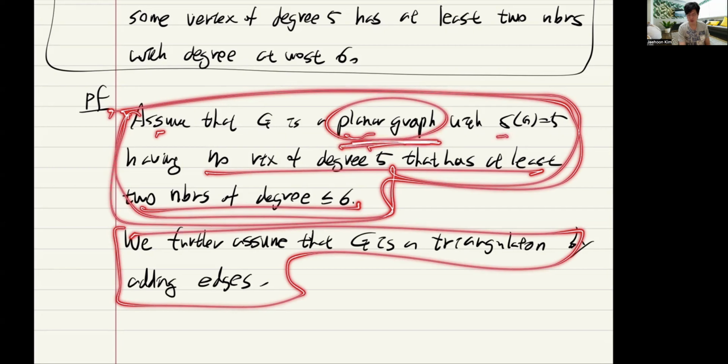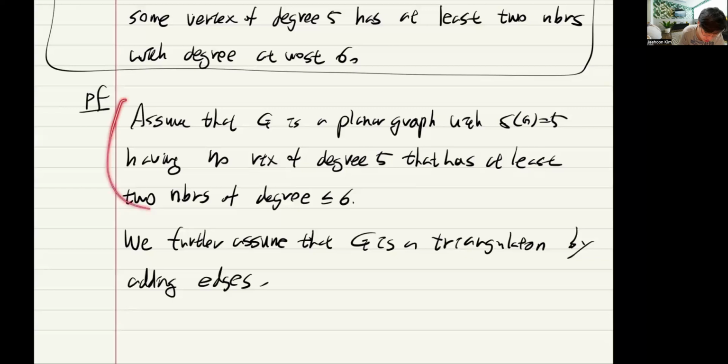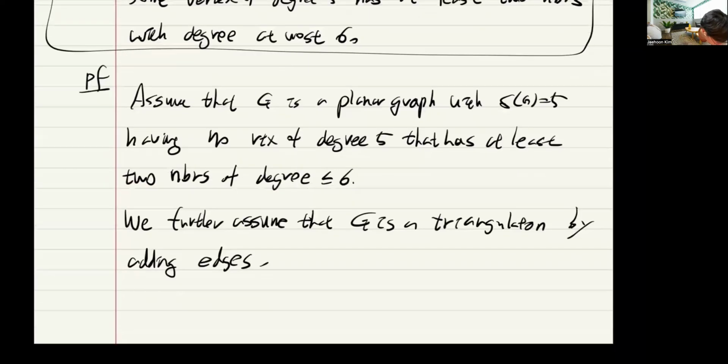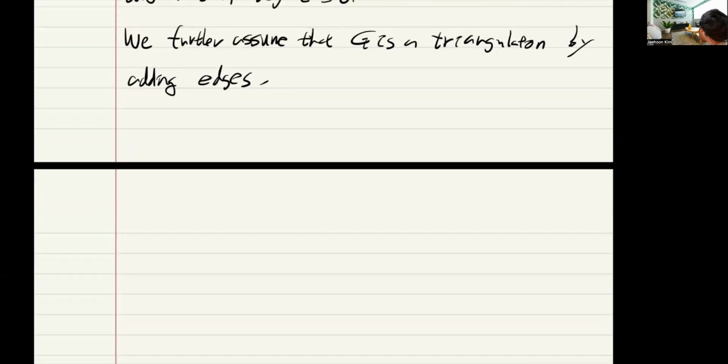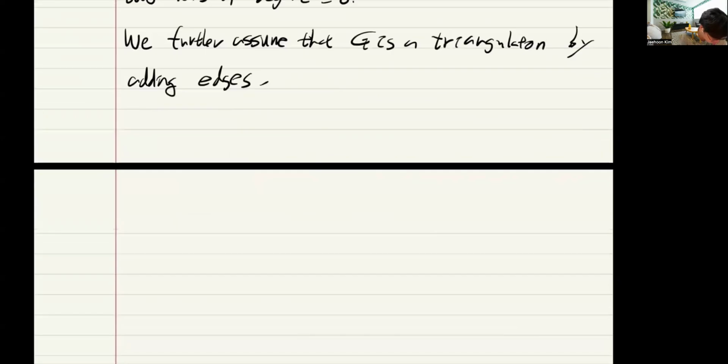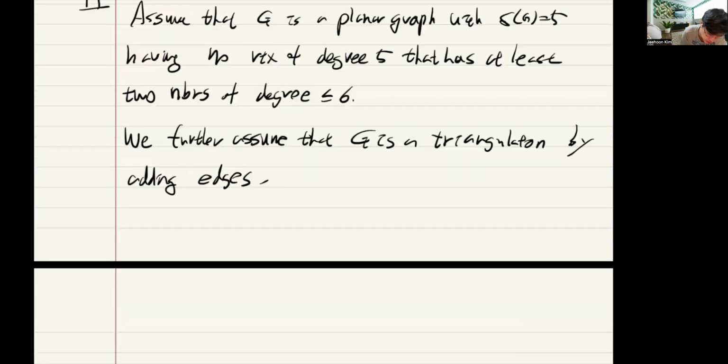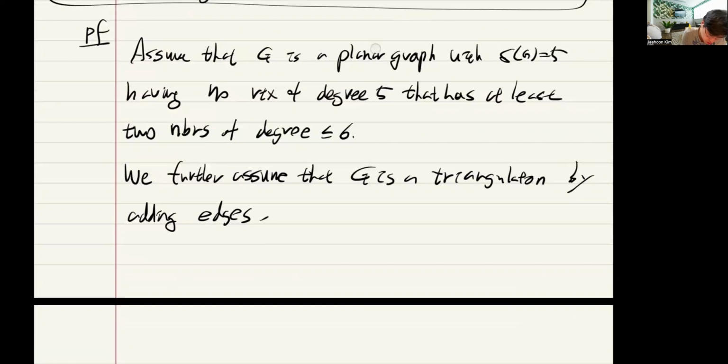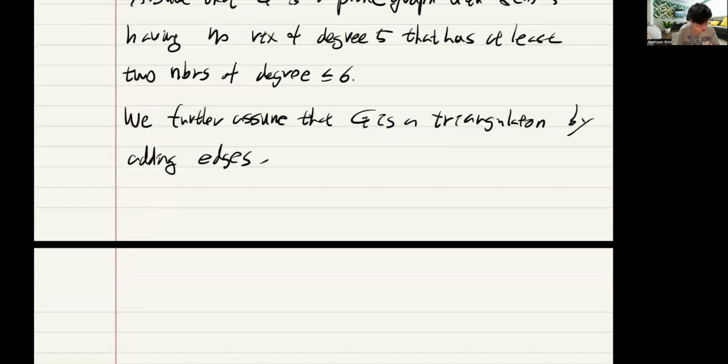And then we know that a planar graph has minimum degree at most 5, so it cannot be higher. So after adding edges, this is still true as long as it is a triangulation. So we assume that. Now what? We define a function on the vertices and faces. So this is a plane graph. So let's say you have an embedding so that you know the faces are there.